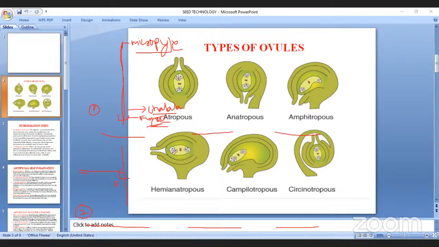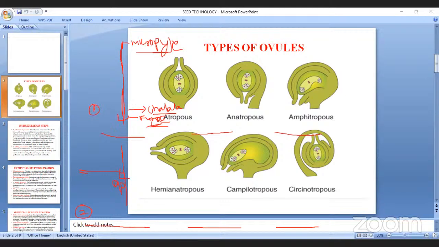Here, 90 degrees. Now the funicle and the body of the ovule are at a right angle to each other. Example, ranunculus.